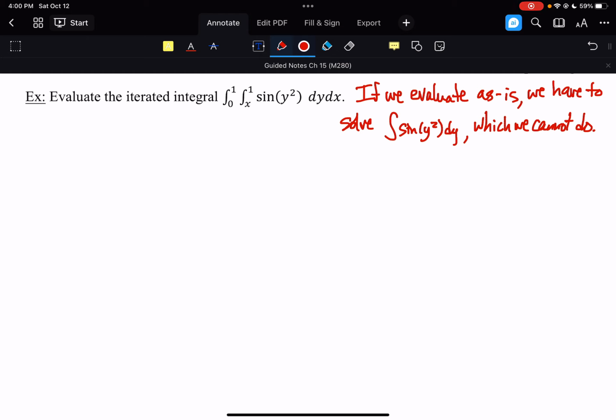We can't set that one up using like a u substitution. Integration by parts isn't going to help us there. This integral just won't work in this form.